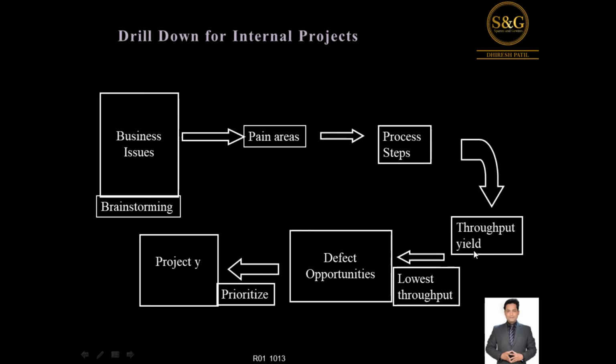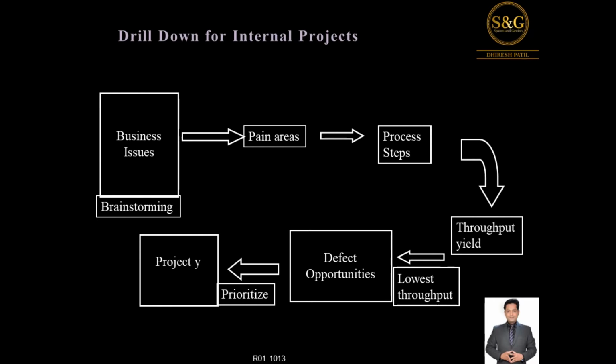Now, what is throughput yield? Throughput yield is nothing but the percentage of units that pass through one operation in the first time right manner. I repeat, the percentage of units that pass through an operation in the first time right manner is called throughput yield. In a simple manner, I will explain.